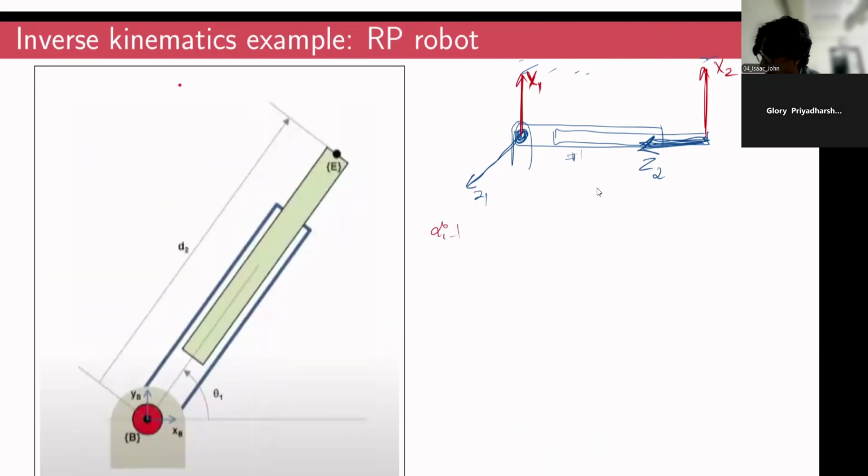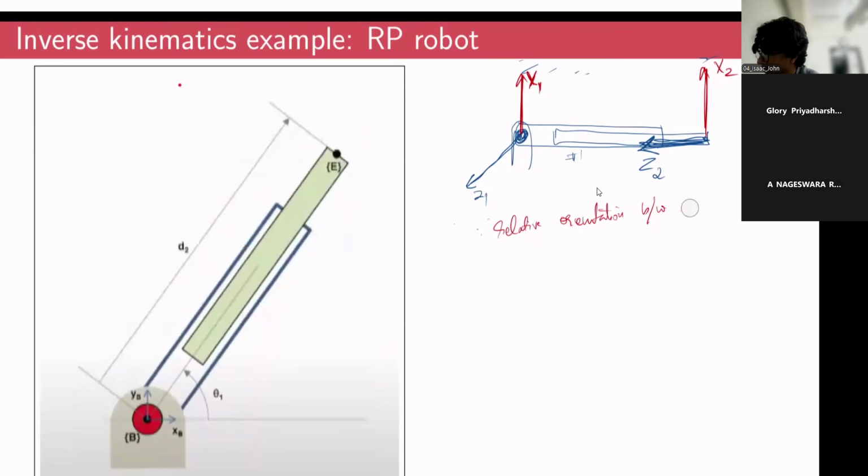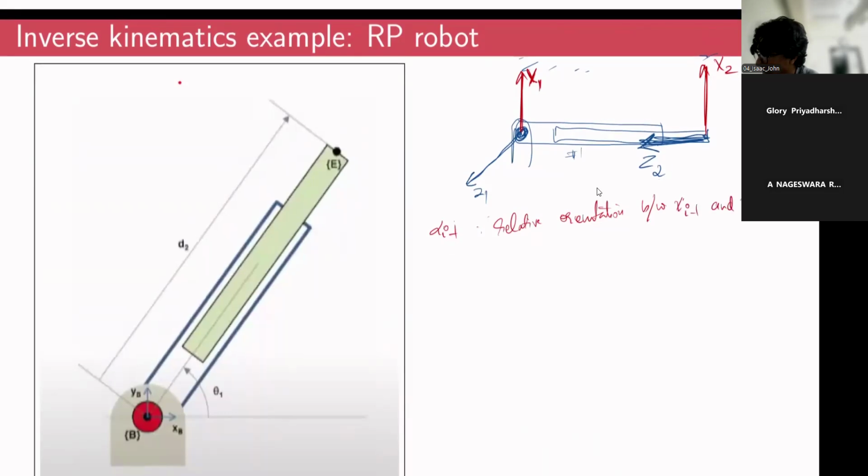Alpha i minus 1 would be the relative orientation between Z i minus 1 and Z i along x i minus 1.